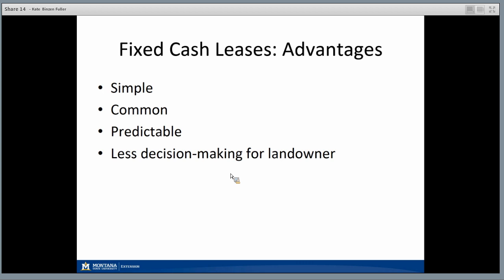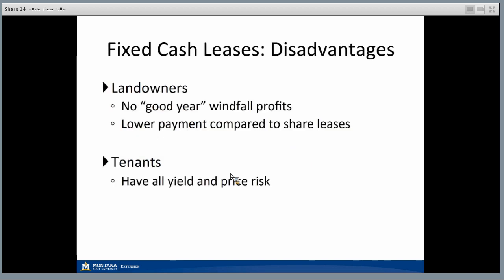There's less decision making for landowners, so that can be a big benefit, particularly if someone is wanting to get out of farming and hand things on to the next generation or to someone else. But there are disadvantages or costs to this type of lease as well.